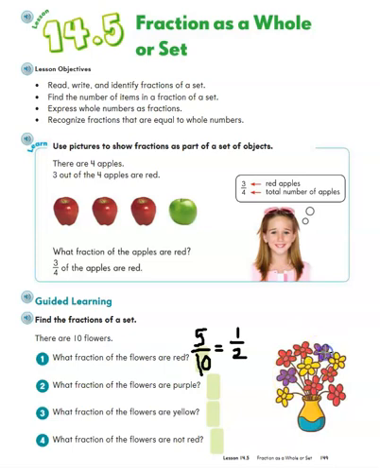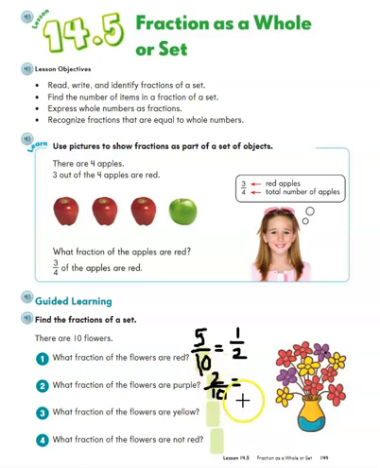Number 2, what fraction of the flowers are purple? So we can see that there are 2 flowers that are purple out of a total of 10, right? So that would be 2/10. And what do you notice about both of these numbers? Is 2/10 the smallest that we can possibly go? Or is there a number that we could divide into both of them to get this into its simplest form? I think we can divide by 2, right?